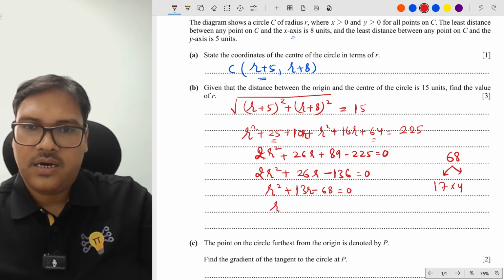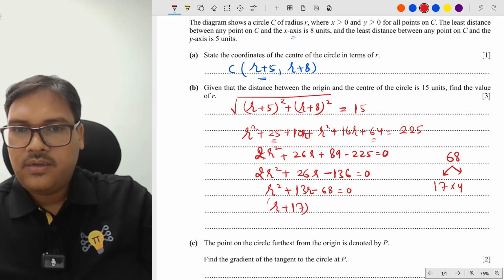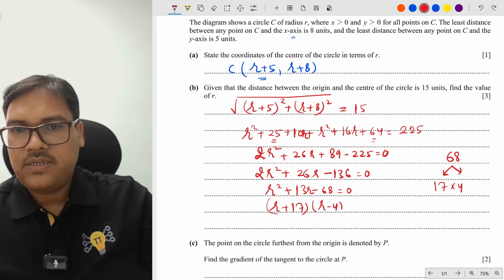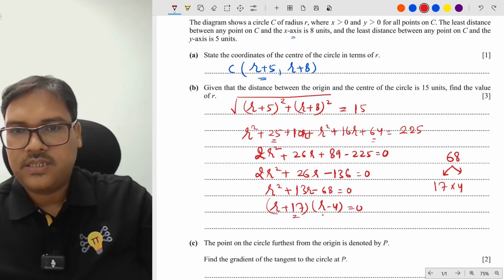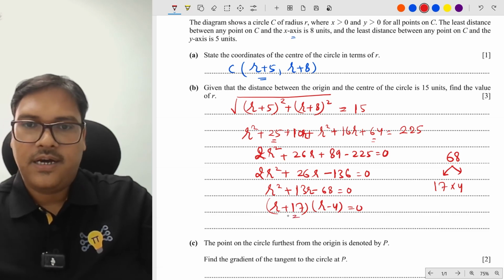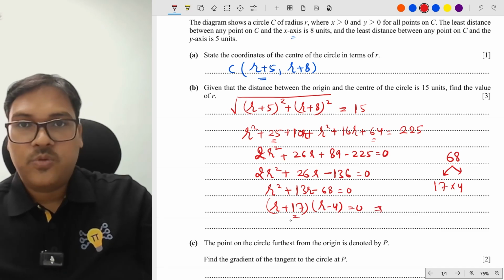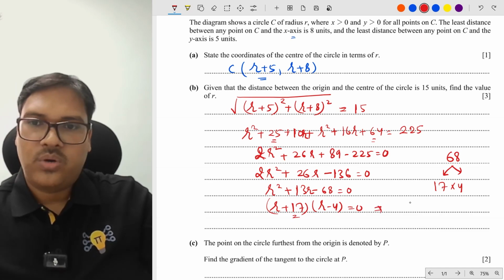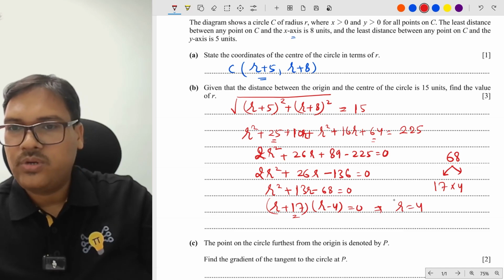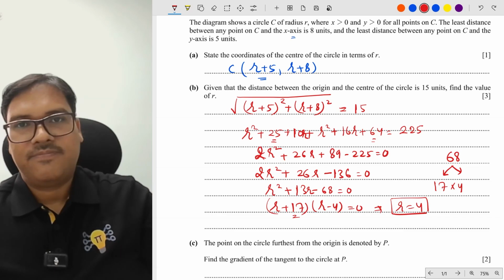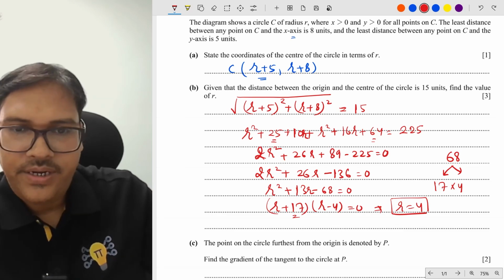So this is (r plus 17) into (r minus 4) equal to 0. You can see this is negative 68 and 17r minus 4r, right? So what is the value of r? r cannot be negative because this is the radius. So r is equal to 4. The only possible value is 4. That is the answer for this question. I hope this is clear, right?